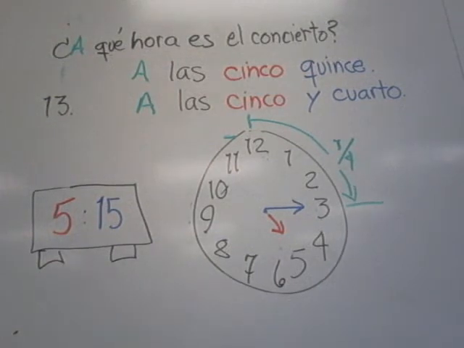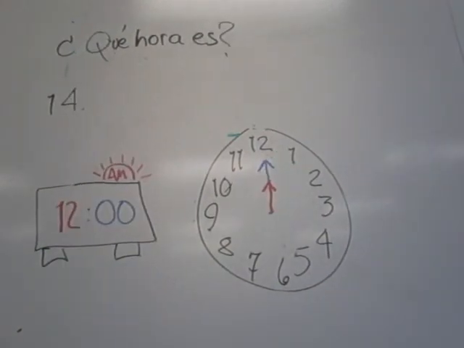Cuarto because it's 5 o'clock, a las 5, and 1/4 of an hour, which is 15 minutes, more, y cuarto. Notice it is not 5:04. A las 5:04 would make it 4 minutes after 5.